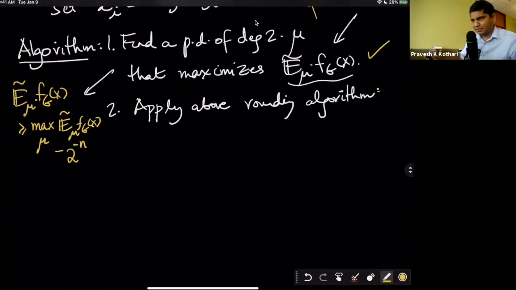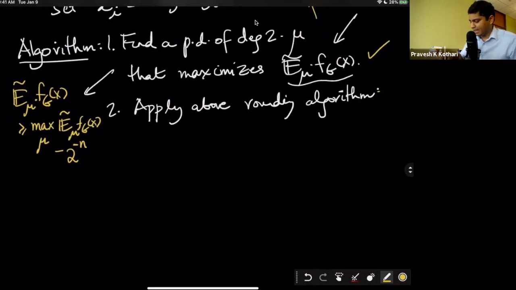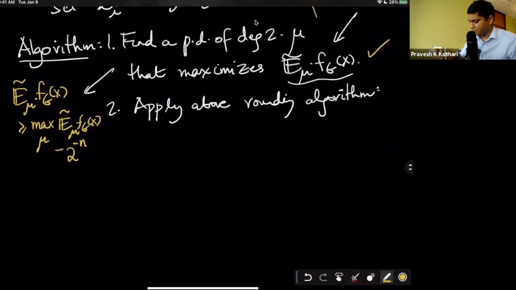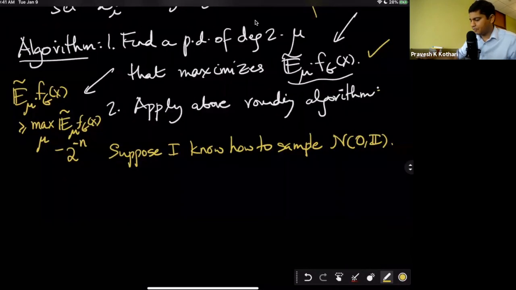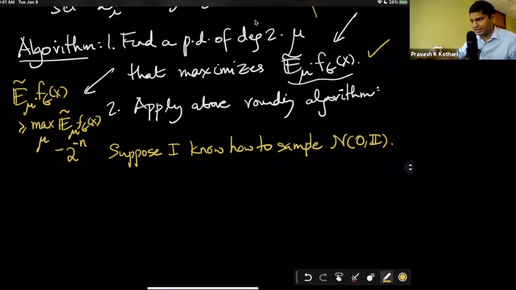I'm just going to give you pointers, not going to prove anything here. But the first observation is that, let's write in yellow, suppose I know how to sample a standard Gaussian vector, meaning suppose I knew how to draw a sample from a Gaussian with mean zero and covariance identity.